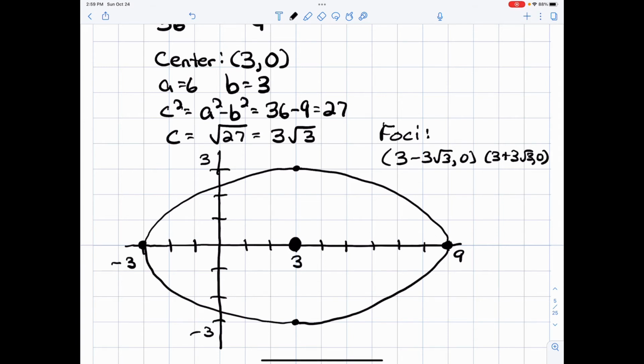So wherever that lands you, finding decimals helps me, because you have to start at 3 and go to the left 3 square roots of 3 units and go to the right 3 square roots of 3 units. The square root of 27 is around 5.2, so you go to around −2.2 for one of them, and around 8.2 for the other, for the two foci.